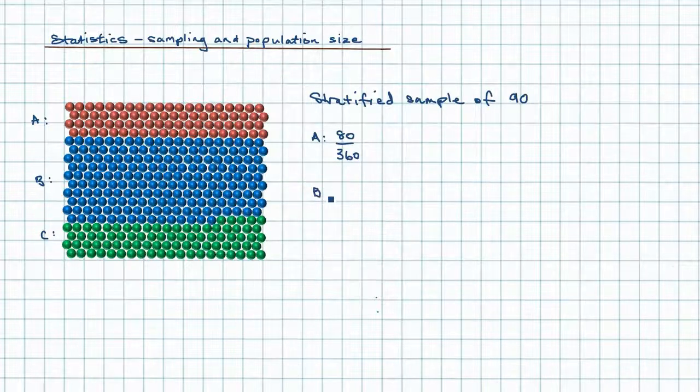B, well, the fraction for B is going to be 20, 40, 60, 80, 100, 20, 40, 60, 80, so 180. 180, take away, so 200 to here, take away that 5, 195. Finally for C, what have I got? 20, 40, 60, 85.